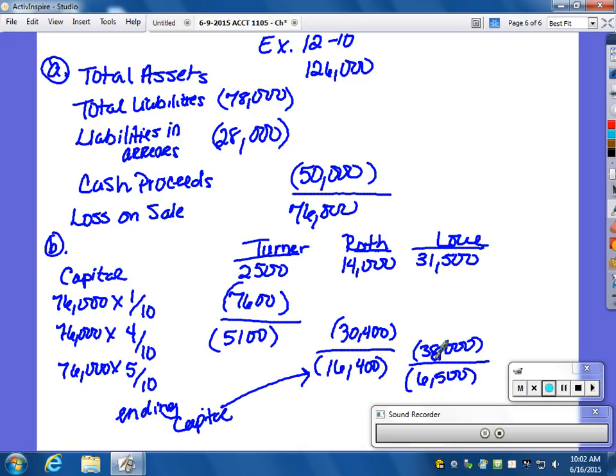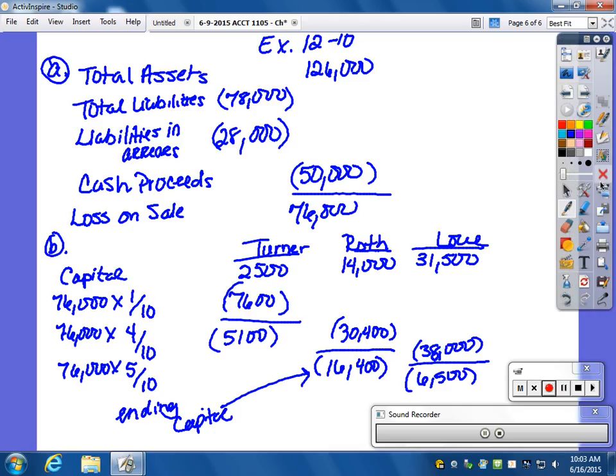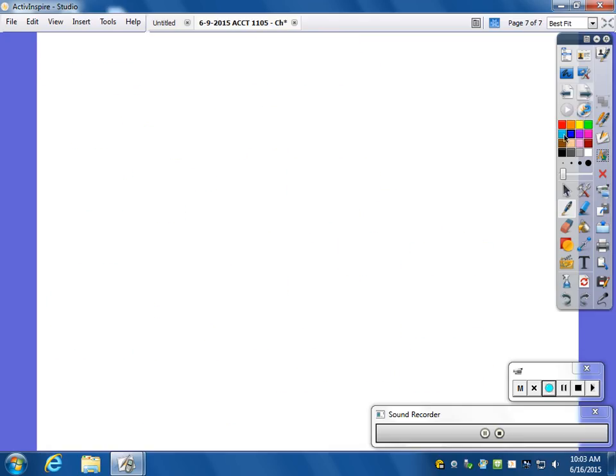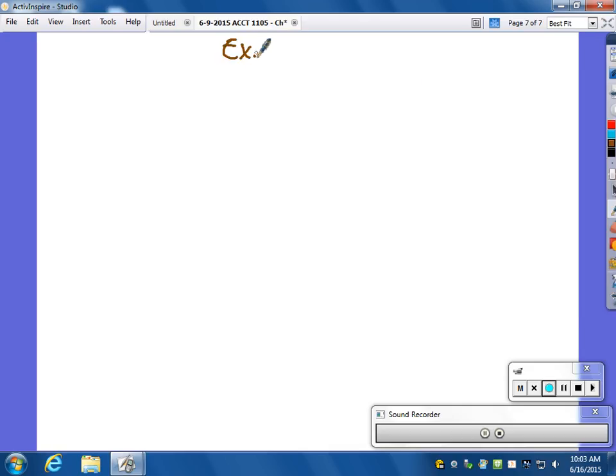So instead of Lowe paying his balance, who's going to have to pay it? Turner and Roth, the two general partners. So that's how this changes, because it's being liquidated. Under any other circumstance, if it was not being liquidated, it wouldn't be an issue.